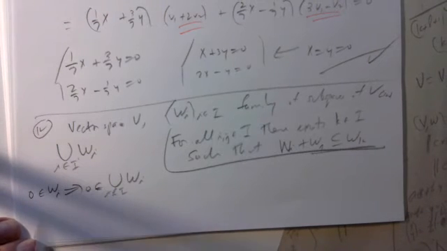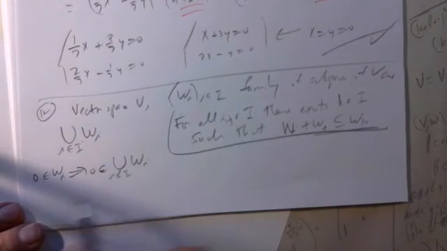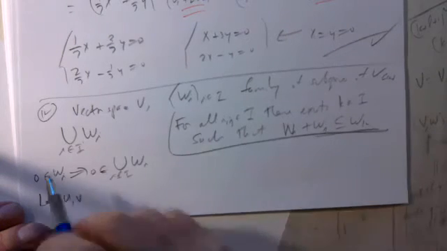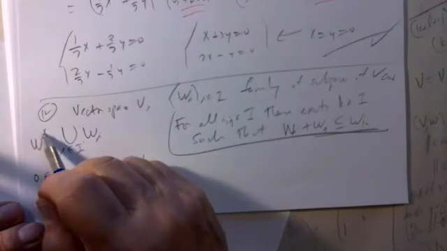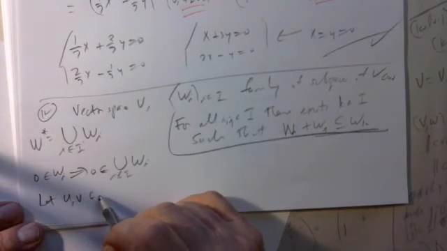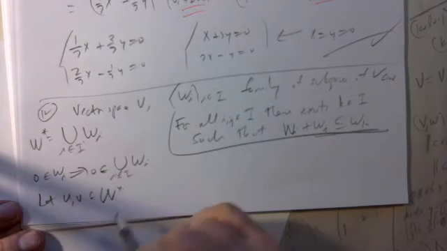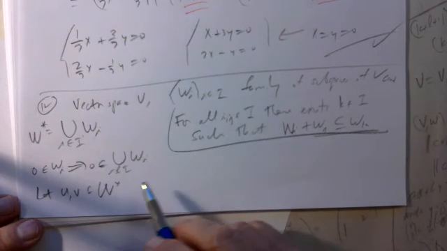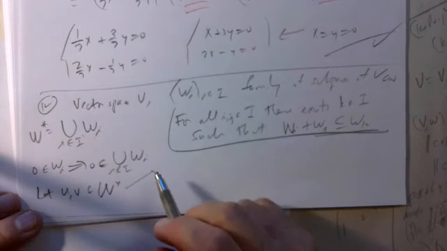And I want to show this is closed under vector addition. Let me call this union W star. Let u and v be vectors in W star. So each of them is in one of the subspaces, but they don't have to be in the same subspace.